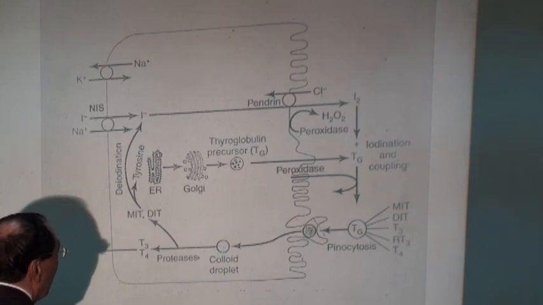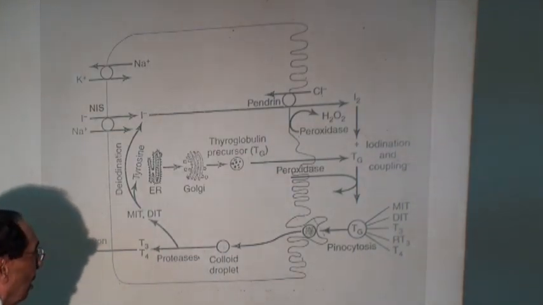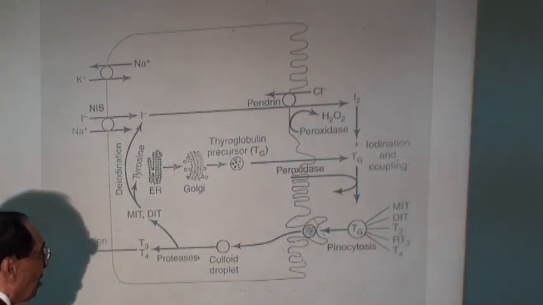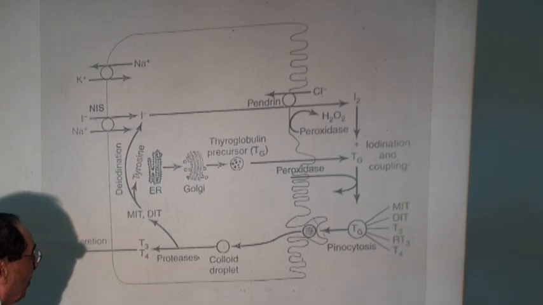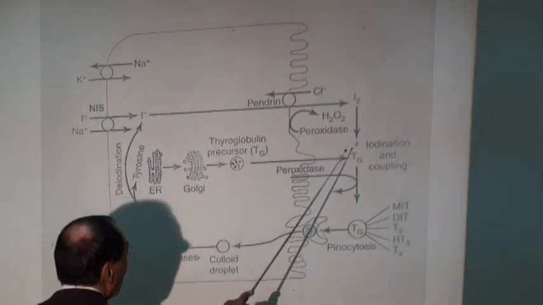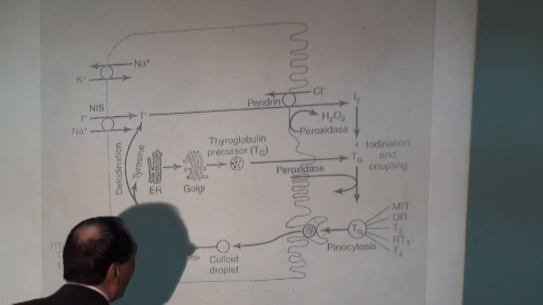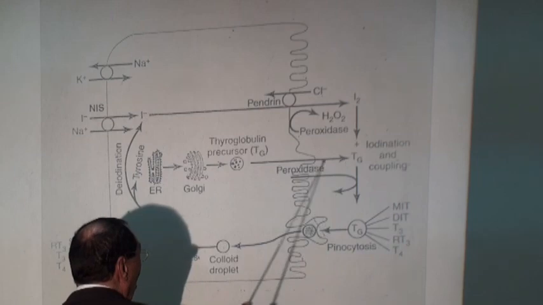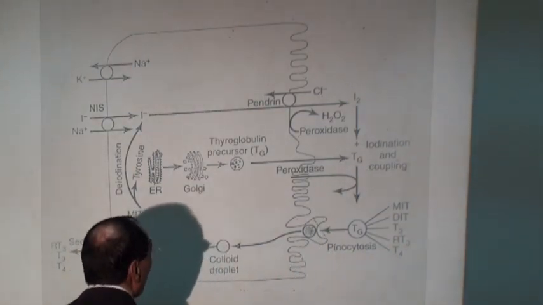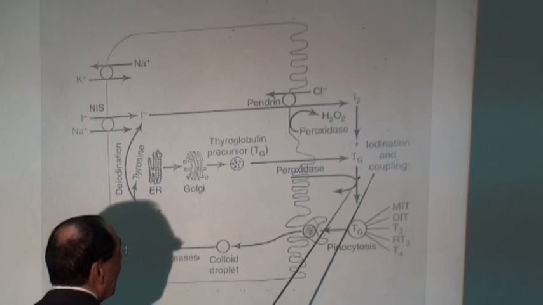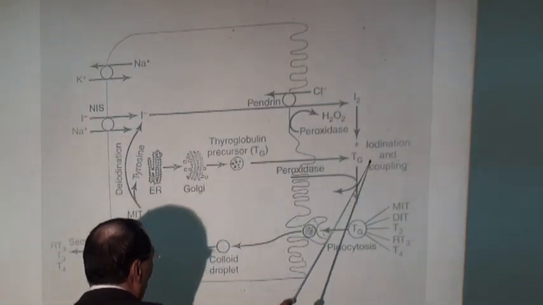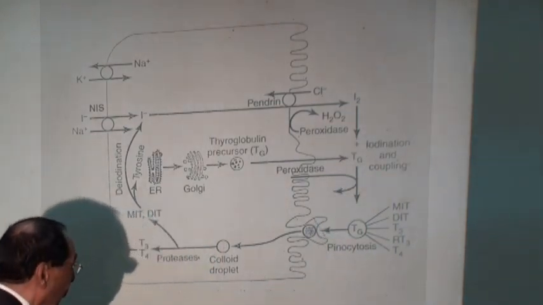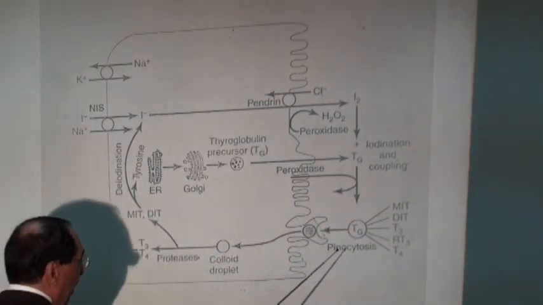This protein is made up of about 100 amino acids, or tyrosines. These tyrosines on thyroglobulin carry the iodine, and these tyrosines also produce the hormones. It means that the iodination and coupling occur on the tyrosines in the structure of thyroglobulin.